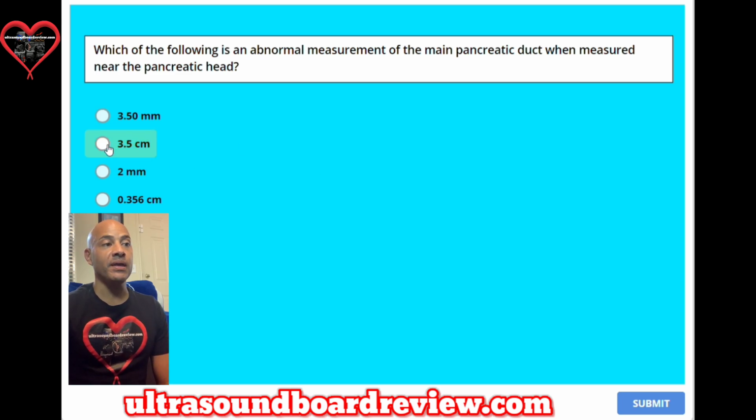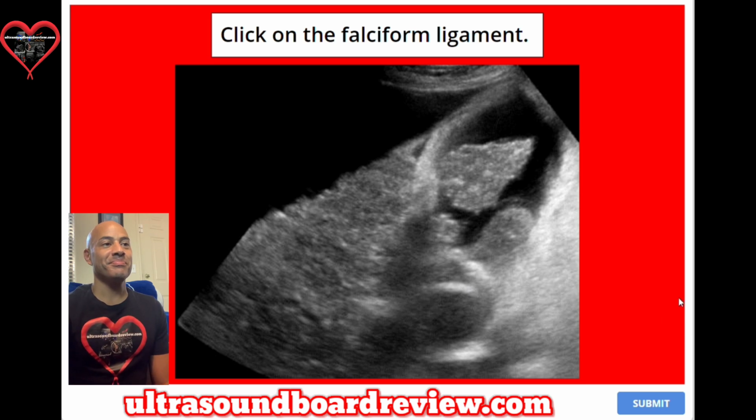The answer is B, 3.5 centimeters. Bonus question number 3. Click on the falciform ligament.